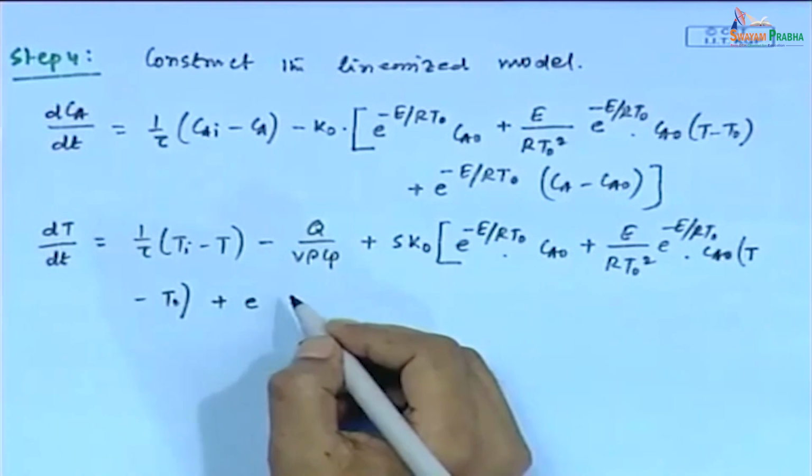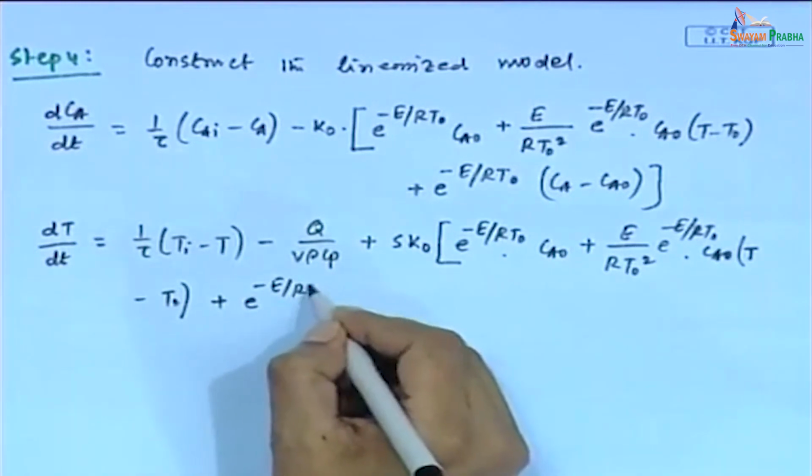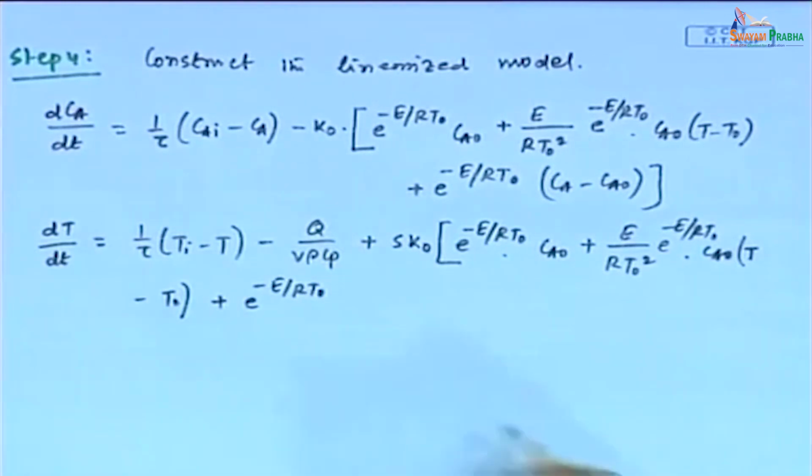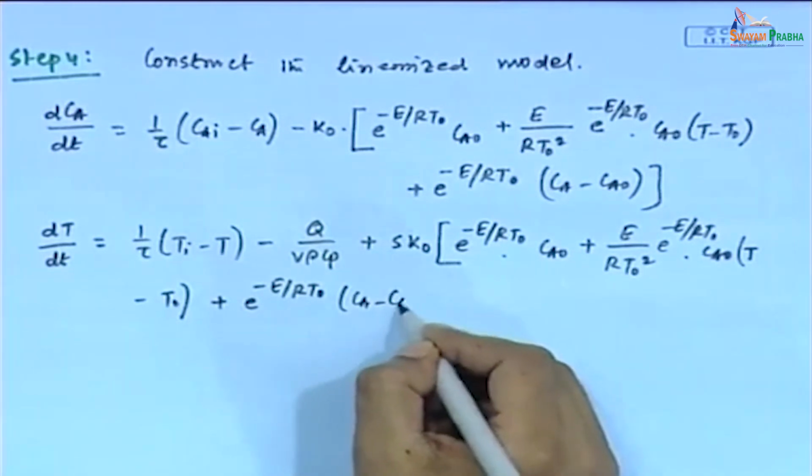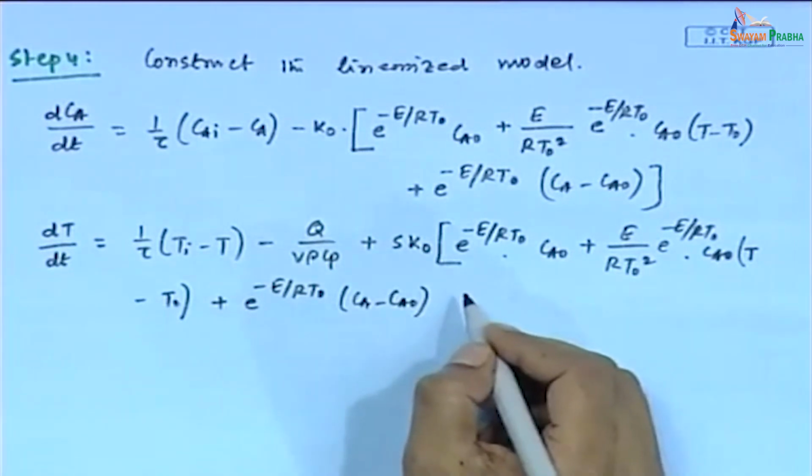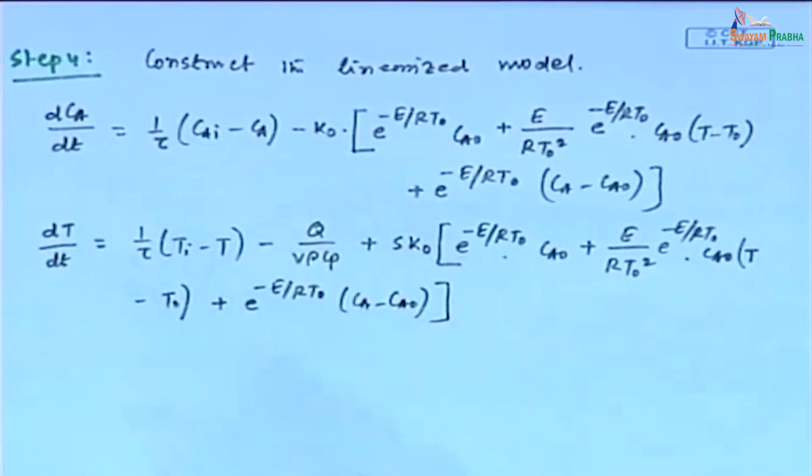The last term is exponential of minus E divided by R T naught, C_A minus C_A naught. Fine. So, after substituting the linearized expression in the nonlinear model, we get these two equations.